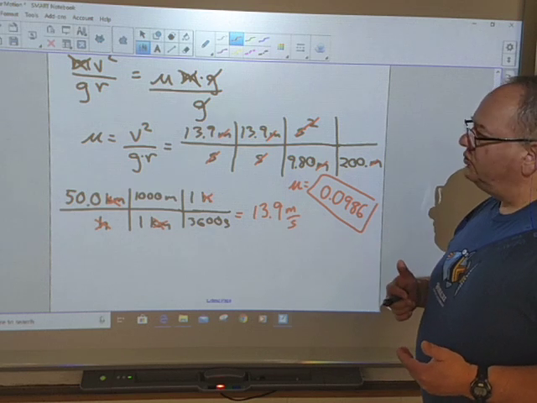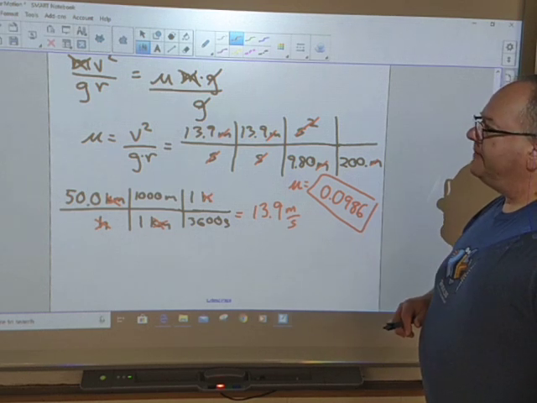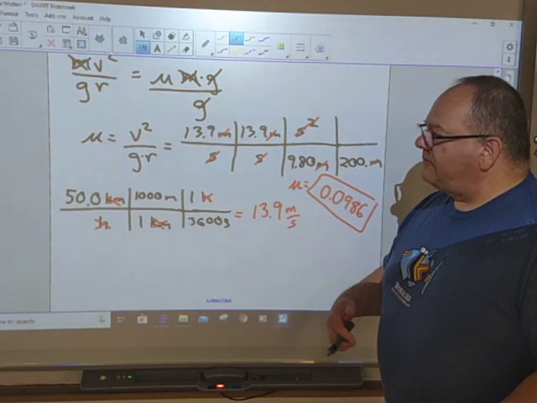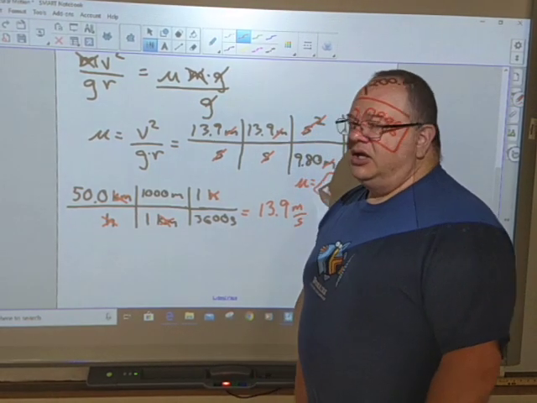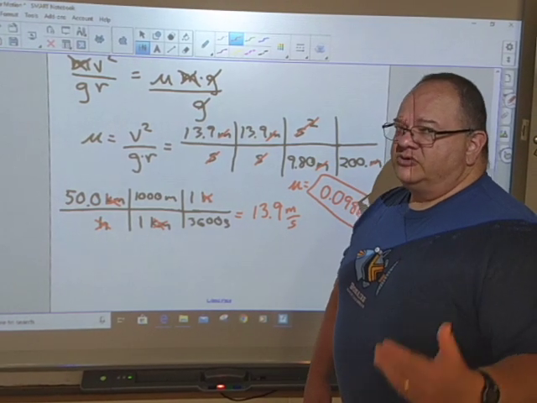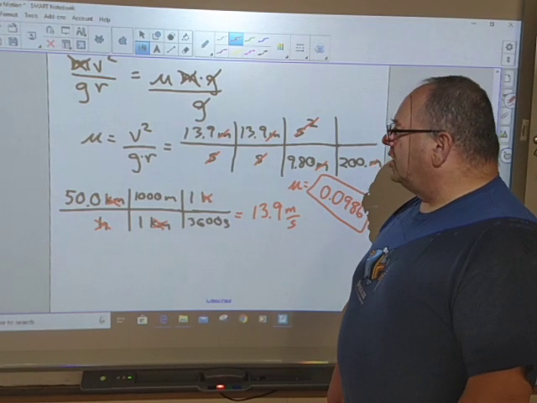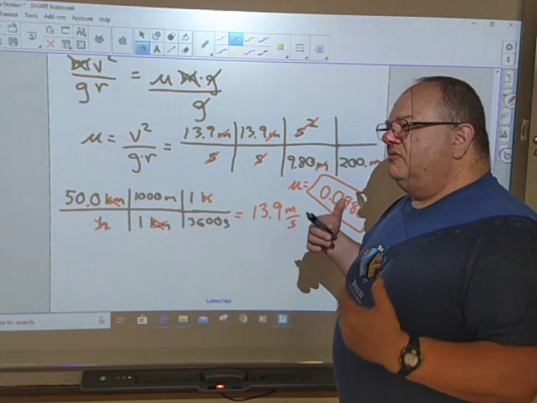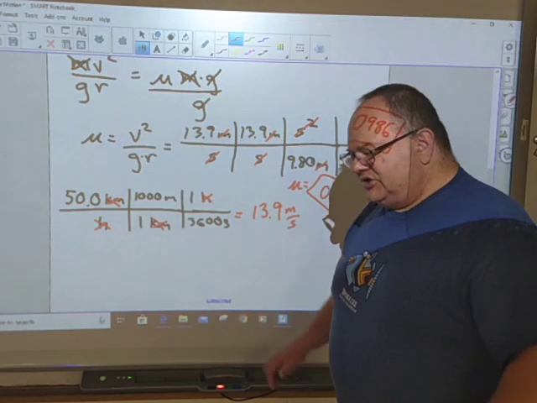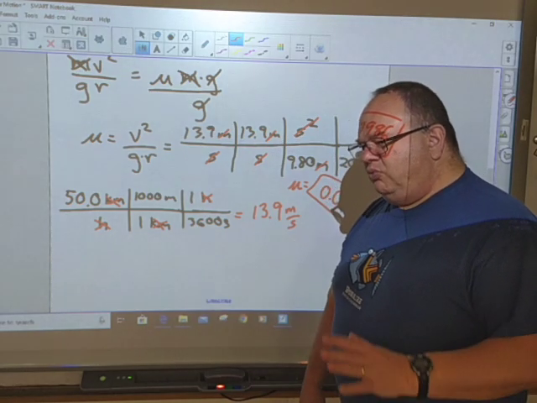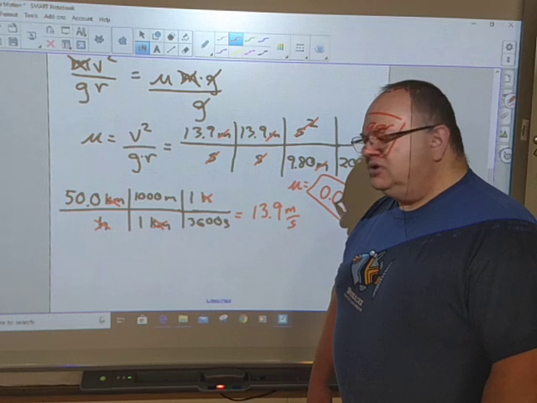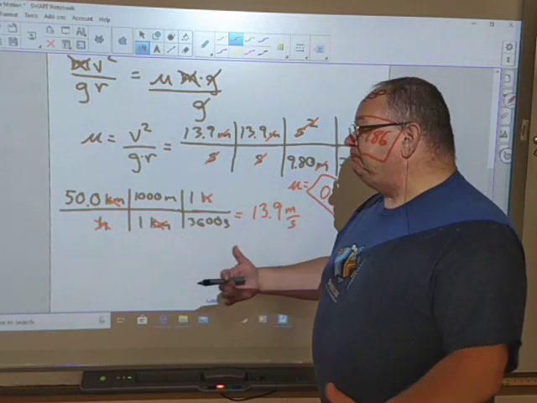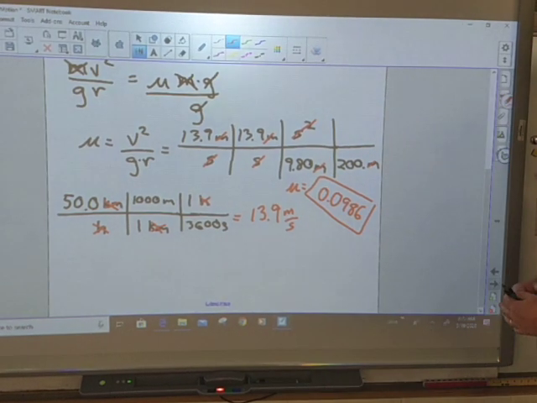We just had to make a few reasoning steps along the way. The math really is pretty simple. You got to remember things like units. And it saddens me, but some of you still are reluctant to write down units on your work. It's kind of like whenever the units get tricky, you just say, oh, I'm just going to ignore them. And that's when they're most important to pay attention to. Because if I ignore my units on this, I'm going to get a wrong answer. Got to do it.